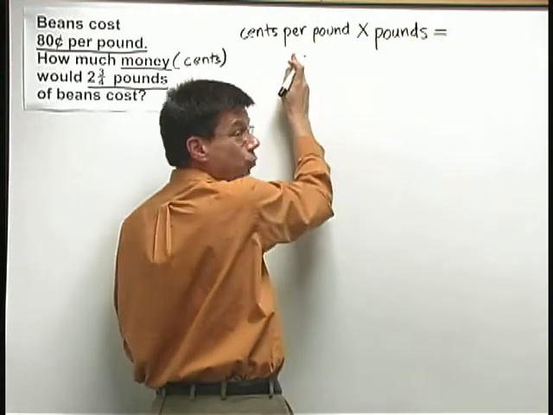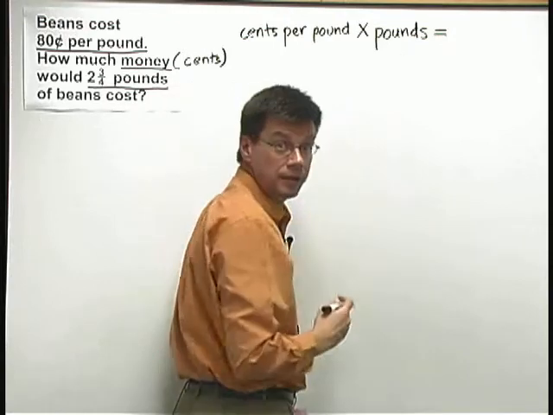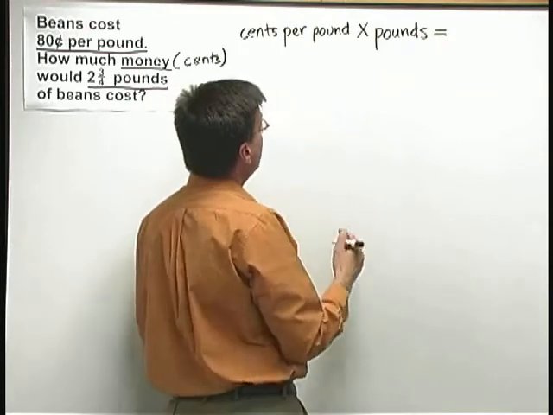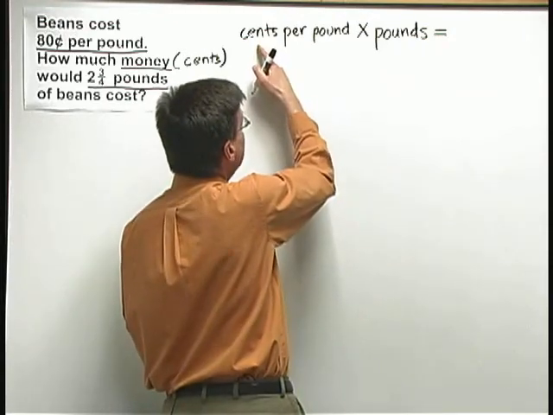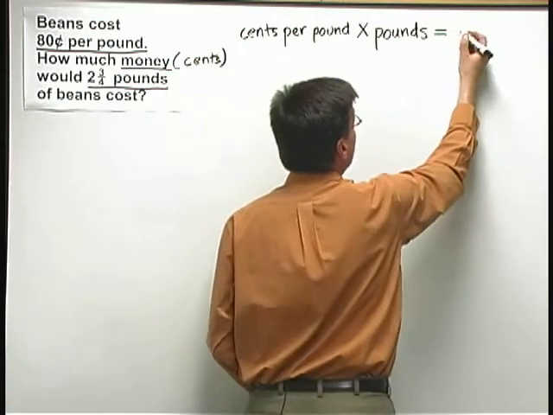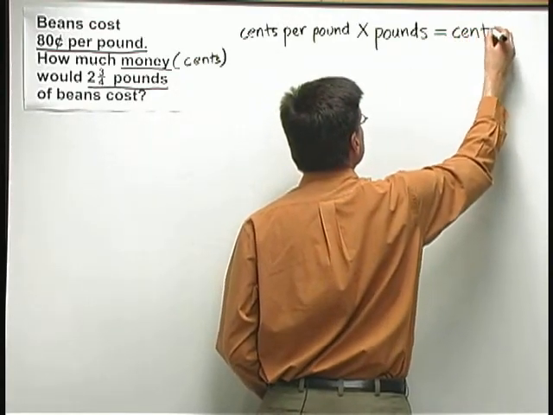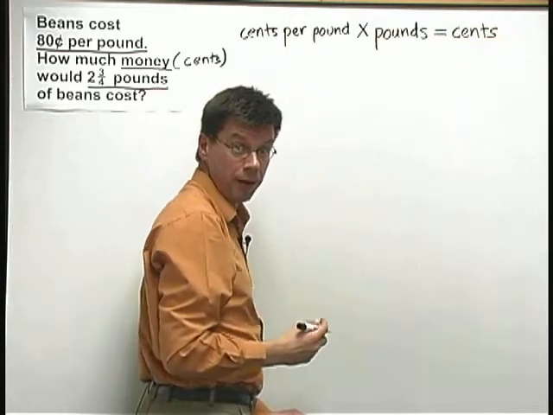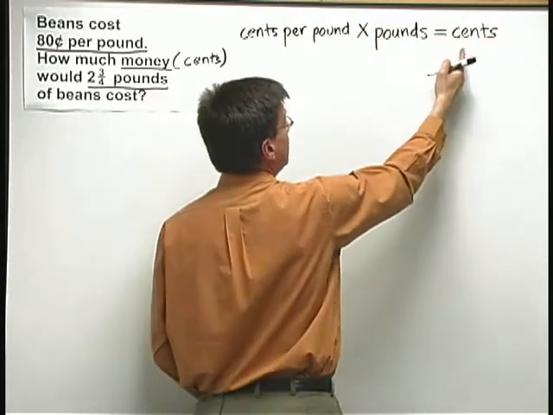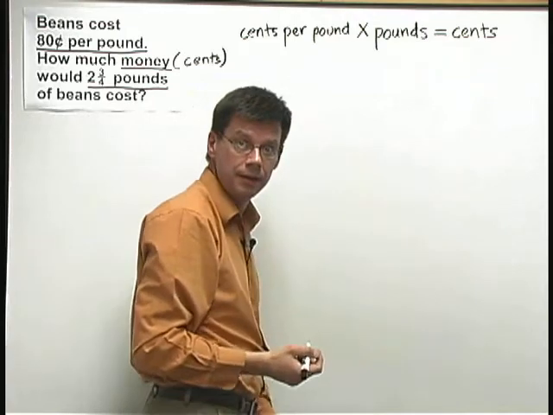When I take a rate times the units after the per, I end up with a quantity whose units are given by the word in front of the per. That's cents. Cents per pound times pounds equals cents.